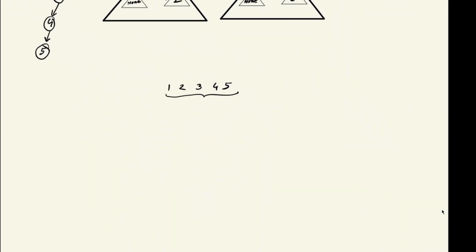Now if we look at this array and try to create the root of our node, we can say this root will be the middle of this array, because this array is sorted, and the middle element should be the root of the binary tree, because all the left children are lesser than 3, all the right children are larger than 3, which satisfies the property of binary search tree.